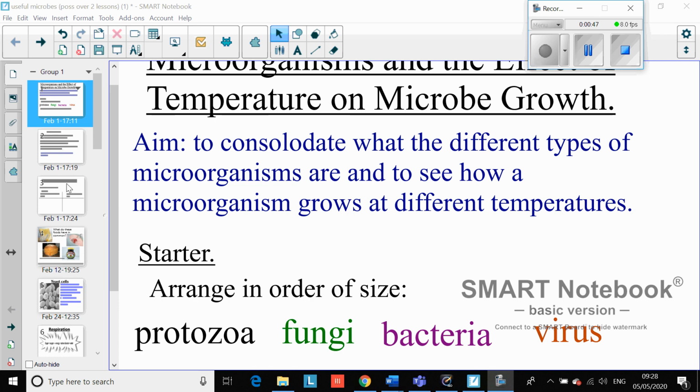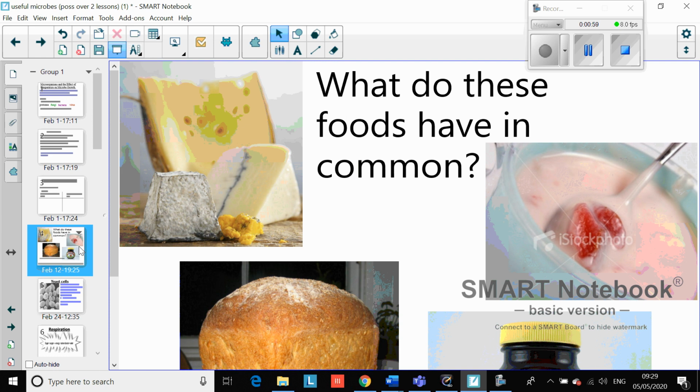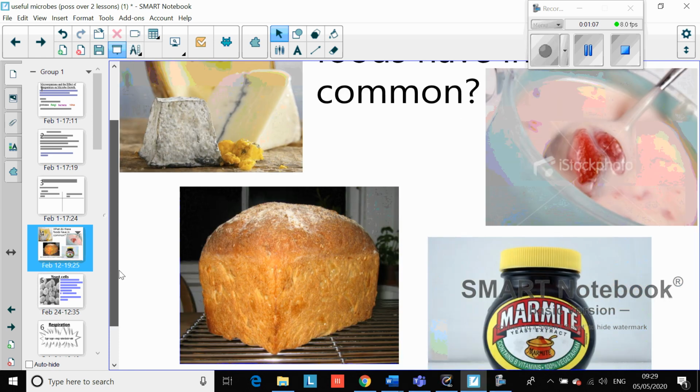Okay, so we're going to do an experiment which is going to really focus on fungus, particularly one which should be very familiar, which is yeast. But think about these foods for a moment. So you've got cheese, yogurt, bread, and Marmite.